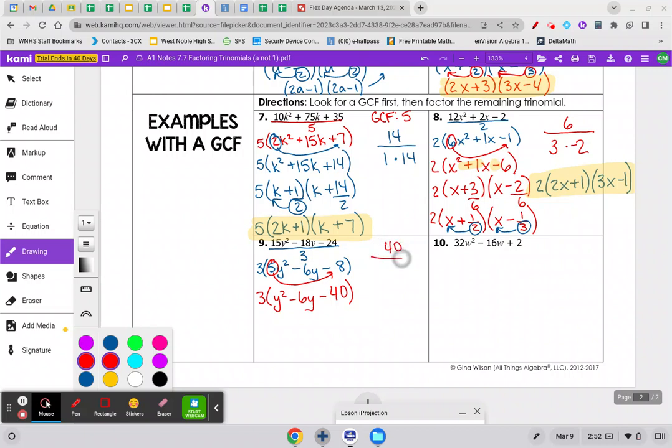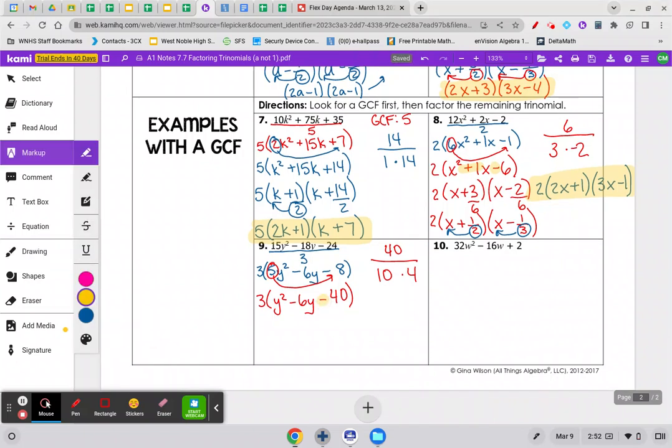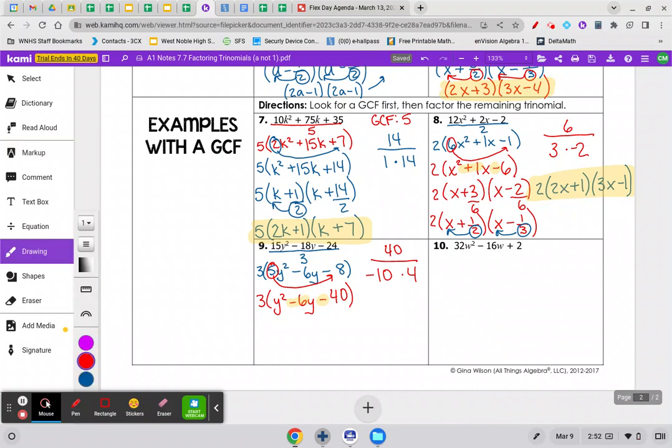The factors of 40 that get me to negative 6 are 10 and 4. One must be positive and one must be negative based on this sign here. And we got to get to a negative 6, so the 10 is negative. So I have 3 parentheses y minus 10, y plus 4.